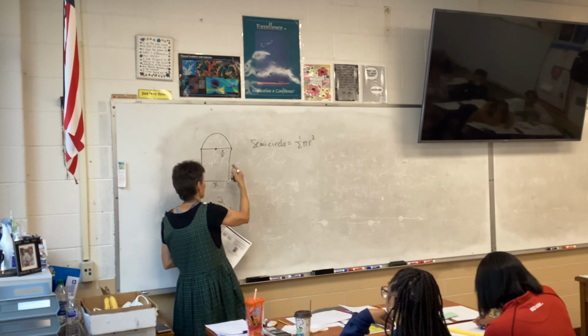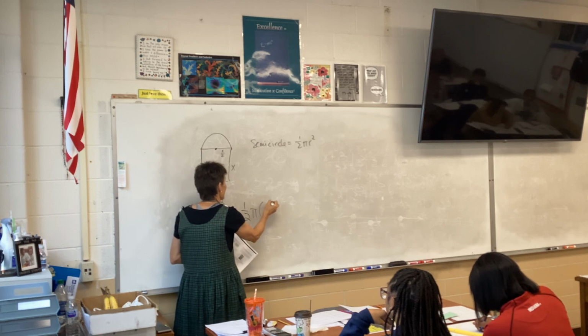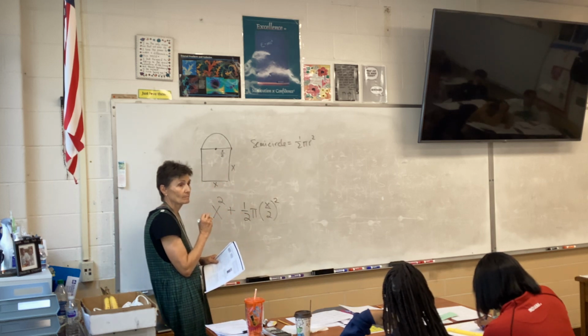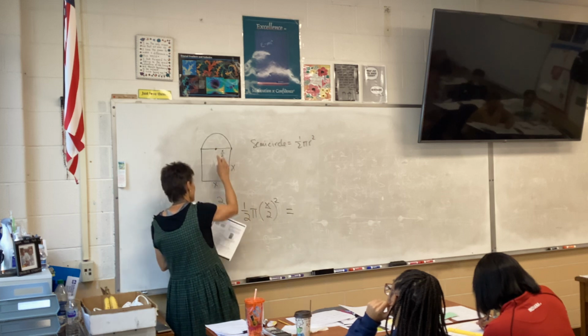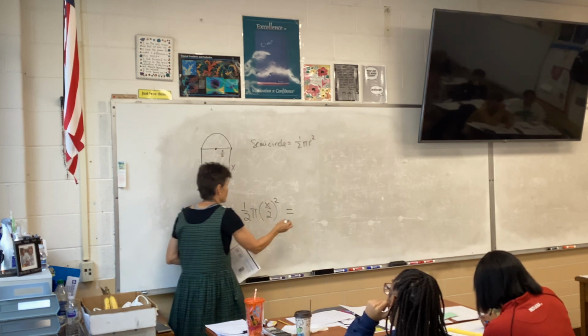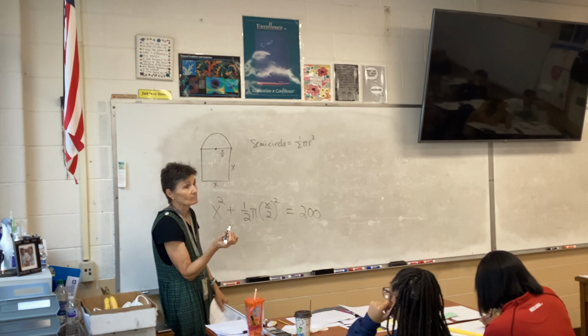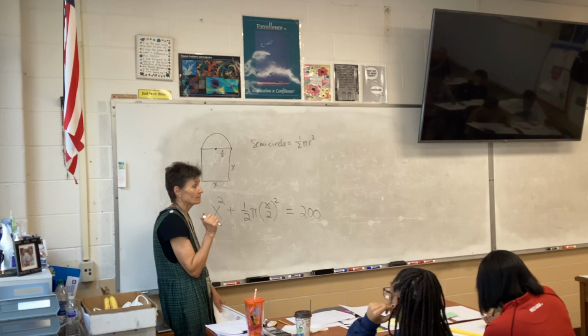So that area is 1/2 pi (x over 2) squared. And those two areas together add up to 200, according to the problem. So this is what our equation looks like.